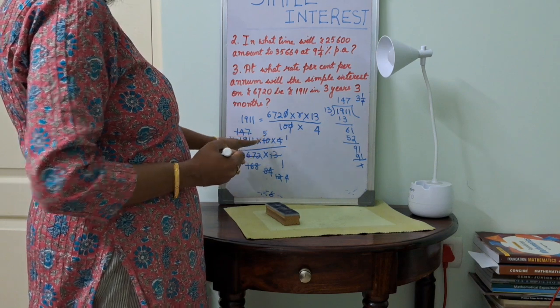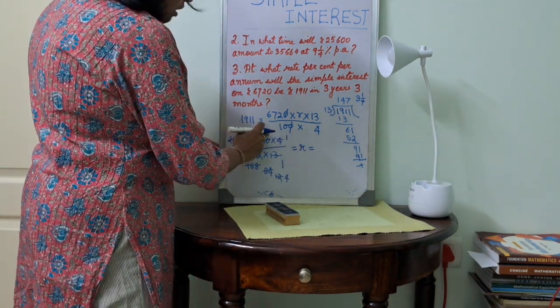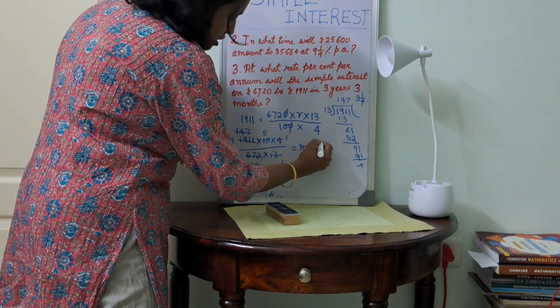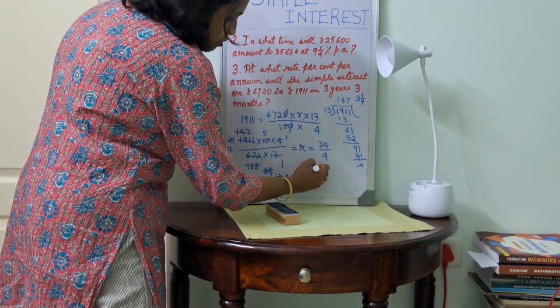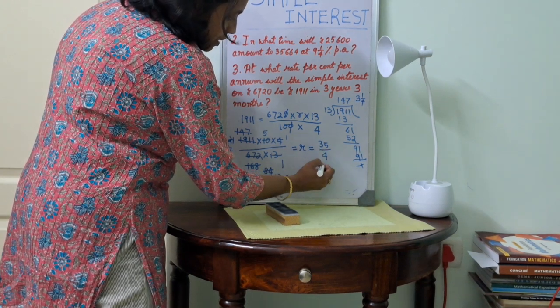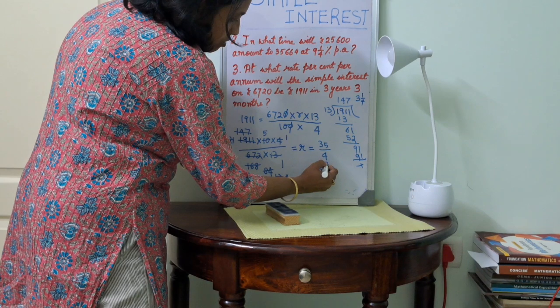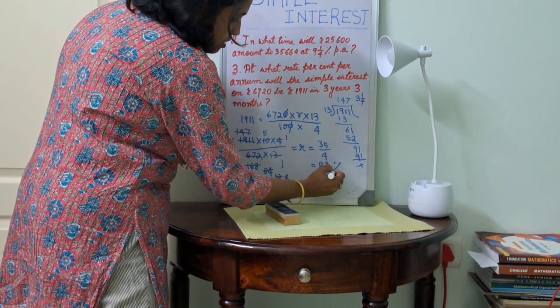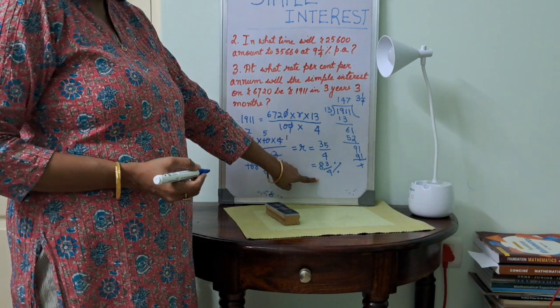So in the numerator, which is equal to R. So what do we get in the numerator? 7 into 5, that is 35. In the denominator 4. So it is equal to 8s are 32, 3 by 4%. So this should be the rate.